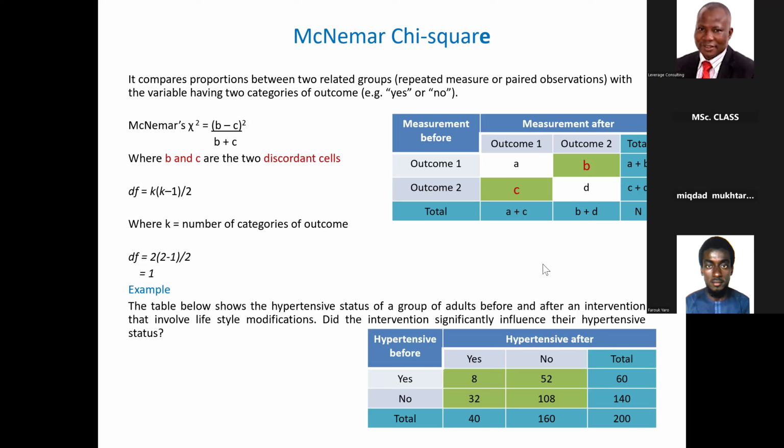The ones the calculation has regard for are 52 and 32. 52 were hypertensive before, but not hypertensive after. 32 were non-hypertensive before, but hypertensive after. So one group changed from hypertensive to non-hypertensive, the other changed from non-hypertensive to hypertensive. The discordant cells are the change you are interested in.